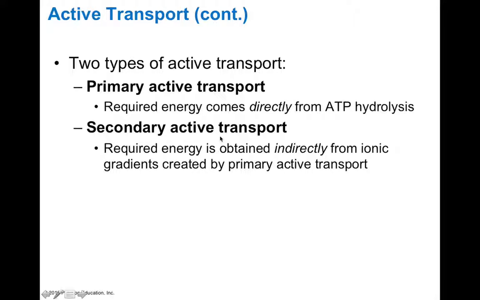Now, secondary active transport is where you require energy obtained indirectly from ionic gradients. So I'll explain this one further when we get to a picture here. But secondary active transport relies on the stored potential energy in an ionic gradient across the membrane that came from other primary active transporters. But I'll explain this one further.